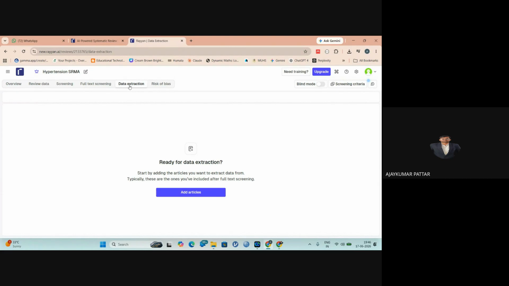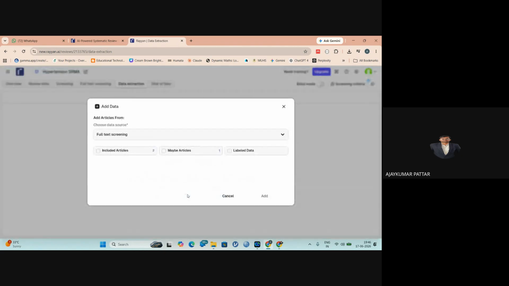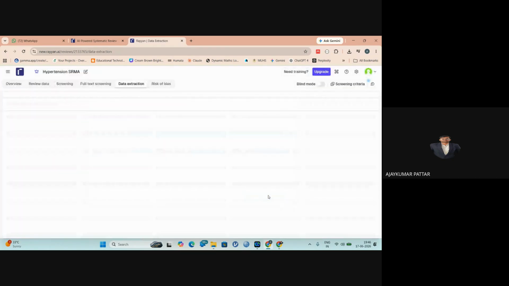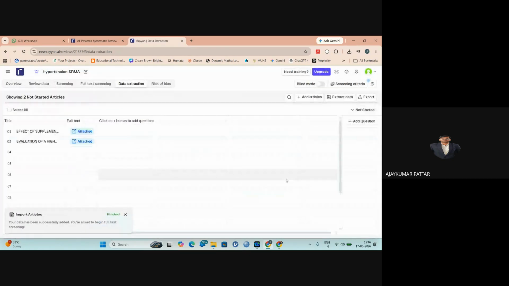So I have clicked on data extraction, and I will click here on data articles. Then I will include articles, as I have included only two, for demo purpose, so I am selecting this option.